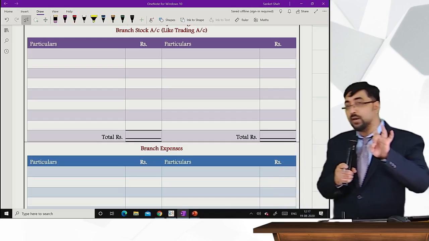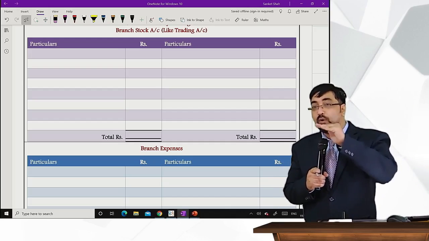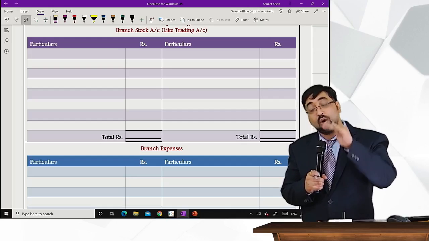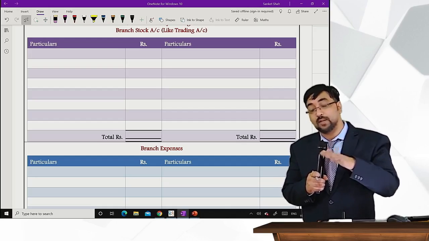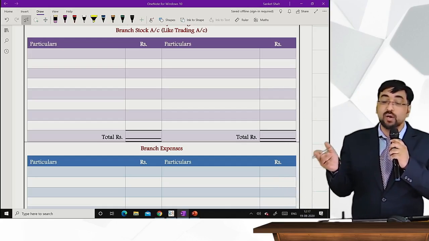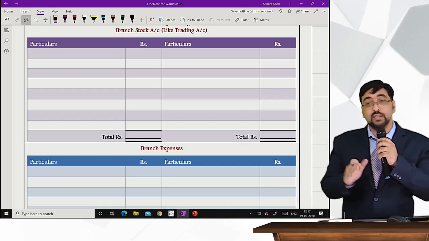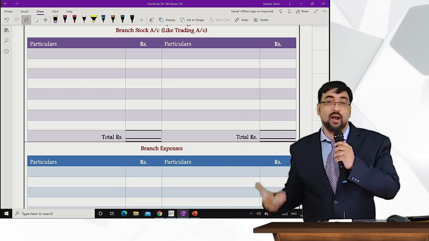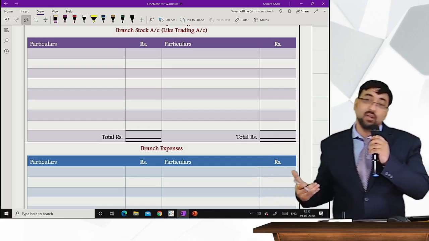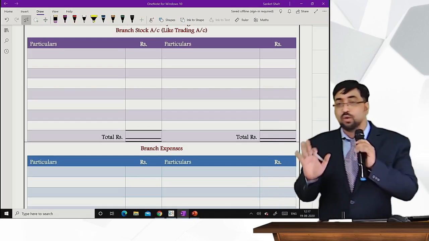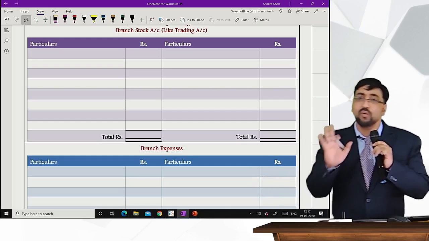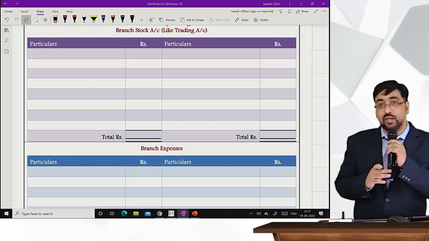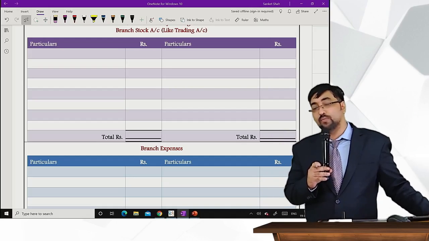You have to write particulars and rupees only for the first account on that page. On the next page you are going to write particulars and rupees again. Don't write it in every account. Make sure, don't waste your time, write it down only once on that page. So branch stock account, particulars, rupees.